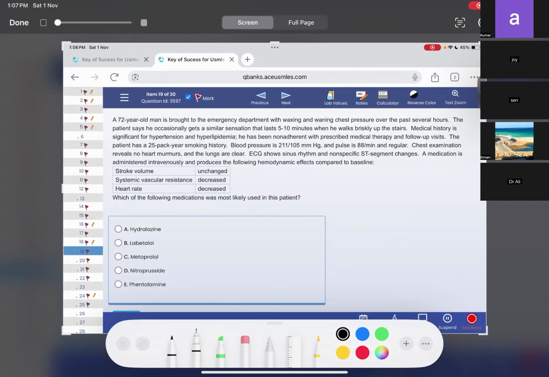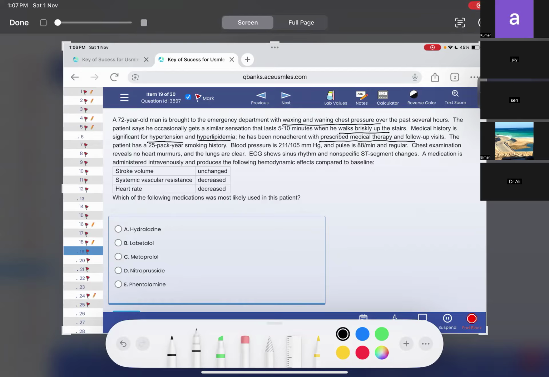Which of the following medications was most likely used in this patient? A 72-year-old man is brought to the emergency department with waxing and waning chest pressure over the past several hours. The patient says he occasionally gets a similar sensation that lasts 5 to 10 minutes when he walks briskly up the stairs. Medical history is significant for hypertension and hyperlipidemia. He has been non-adherent with prescribed medical therapy and follow-up visits. The patient has a 25-pack-year smoking history.